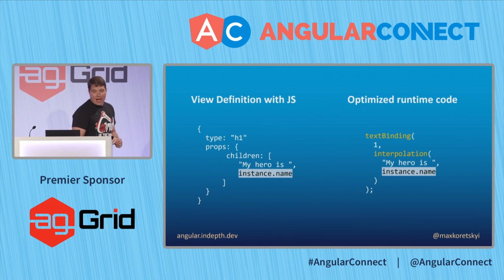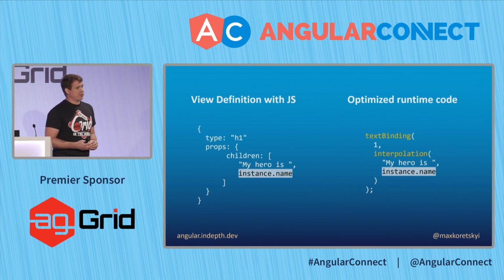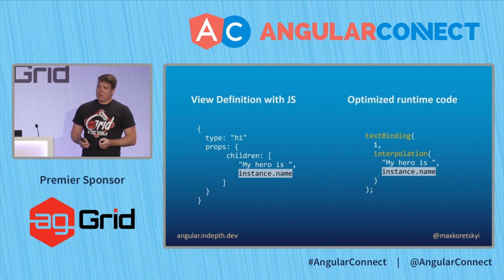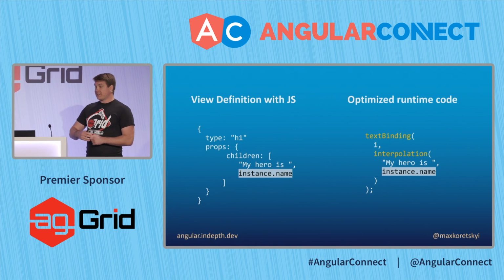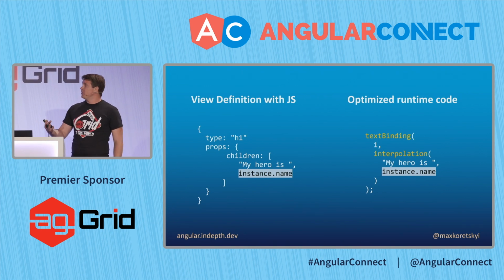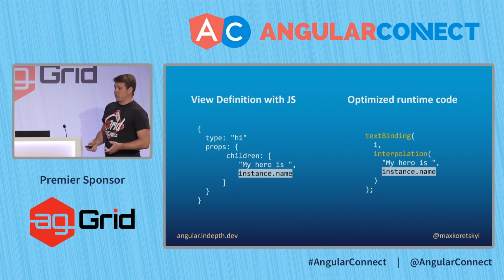The JSX compiler defines a view using JavaScript. There is no runtime code that is produced by the compiler. So it's a view definition, a particular definition of H1 element using a JavaScript object.